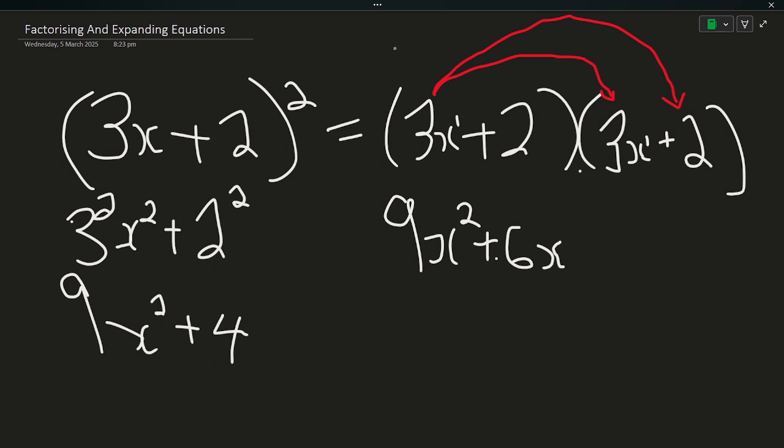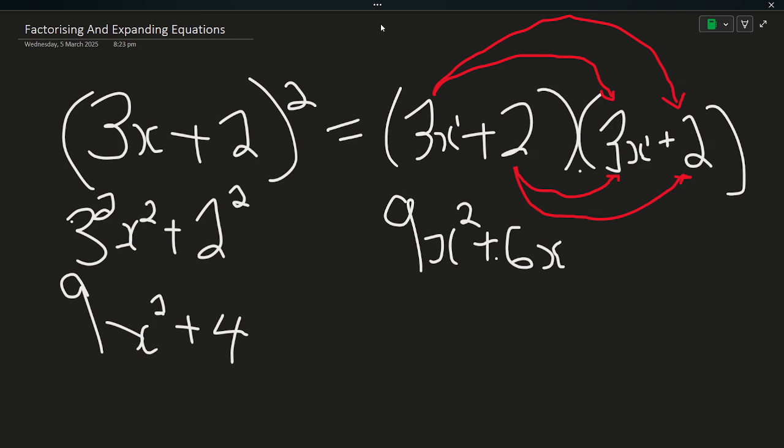Now same thing for this. We're going to go to the different expression that we haven't multiplied, which is the plus 2. We're going to take that plus 2 down here. Basically, this is a simpler way. I use this almost all the time. It just helped a lot back in the day.